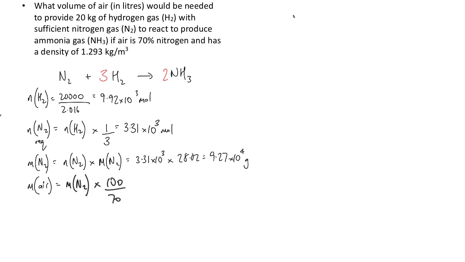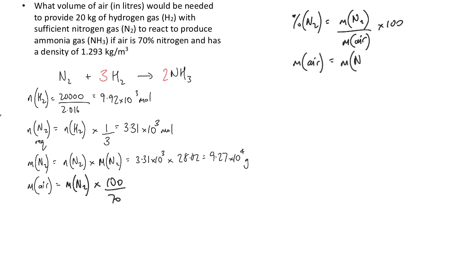The percentage of nitrogen is equal to the mass of nitrogen over the mass of air times 100, so it's the part over the total. If you rearrange that equation to get the mass of air, you would do the mass of nitrogen times 100 over percentage nitrogen.